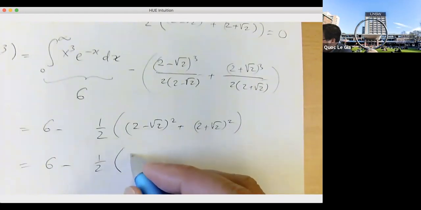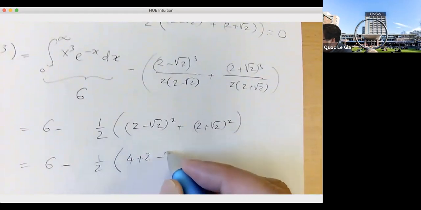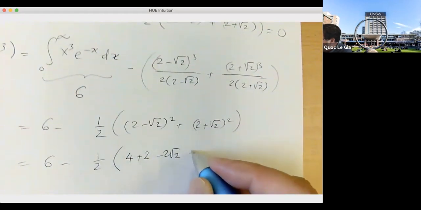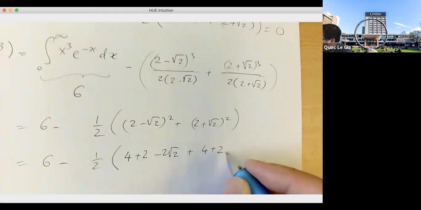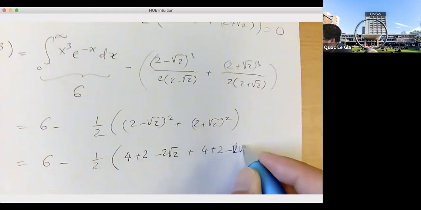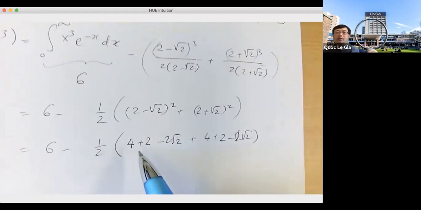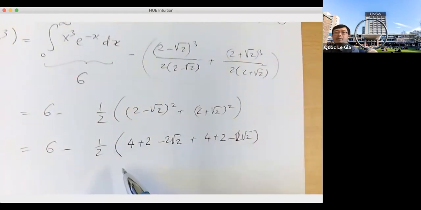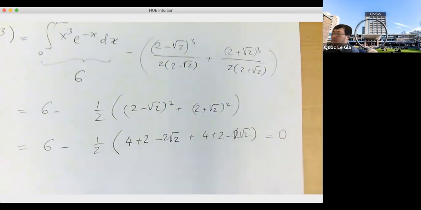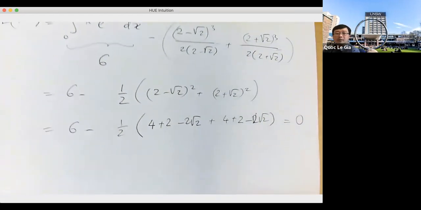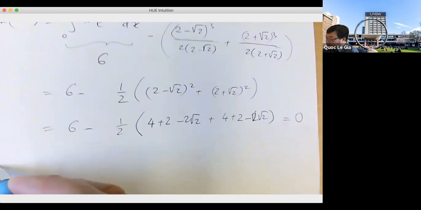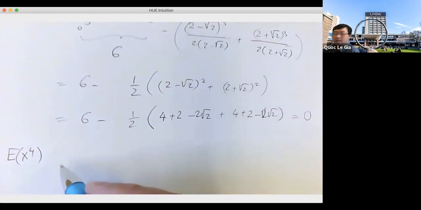So this one will give you 4 plus 2 minus 2 root 2, and plus 4 plus 2 minus 2 root 2. Okay, so this one like 6, 12 divided by 2, so still equals 0. Okay, well, it's a bit tedious, but still it's not too bad, if you do the calculation correctly.